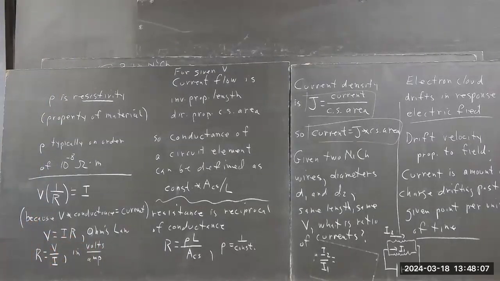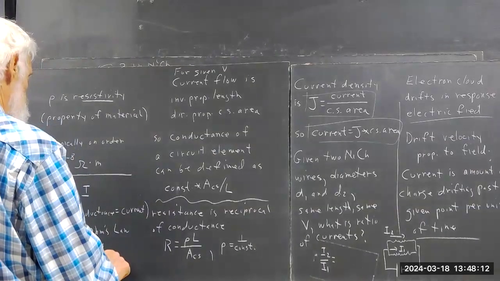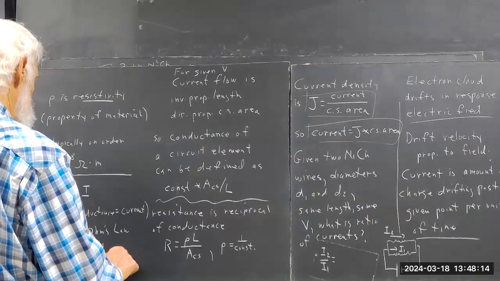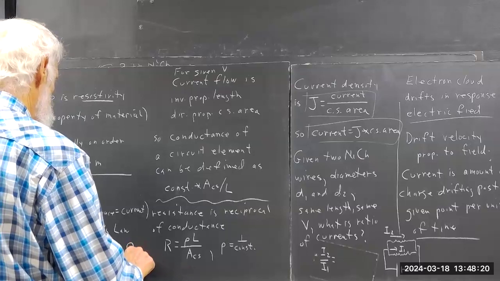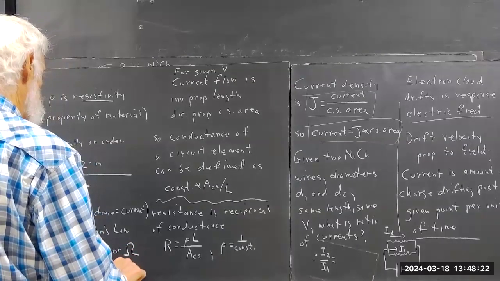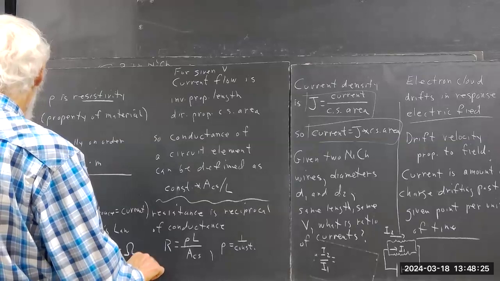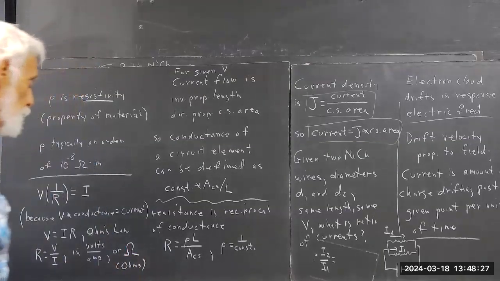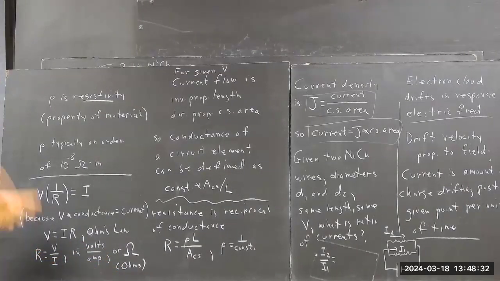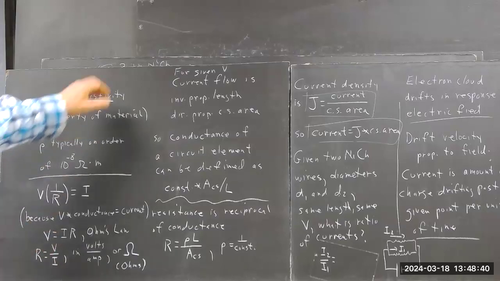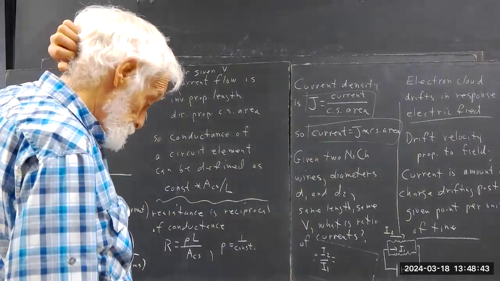V is in volts, so resistance is in volts per amp, or ohms. So that's basically what an ohm is. It's just a name for the constant that relates current and voltage. Okay. There we have it. Okay, well, that's great.